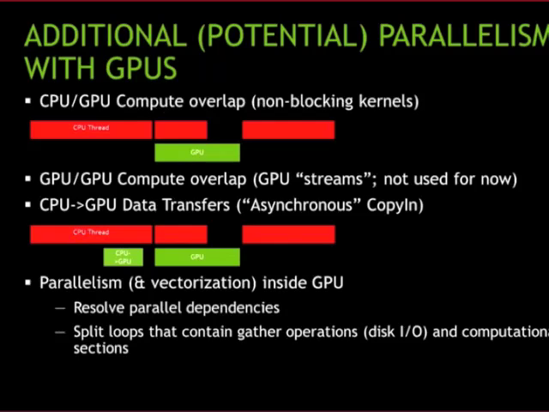And so part of the challenges to create well-performing GPU code is to resolve these data dependencies. Also, there are other data dependencies that tend to prevent us from using GPUs or slow down GPU execution, and that has to do with coding techniques that interleave gather or disk I/O operations with computational sections. So we have been busy trying to separate this, and in general, these tend also to help the CPU-only code.